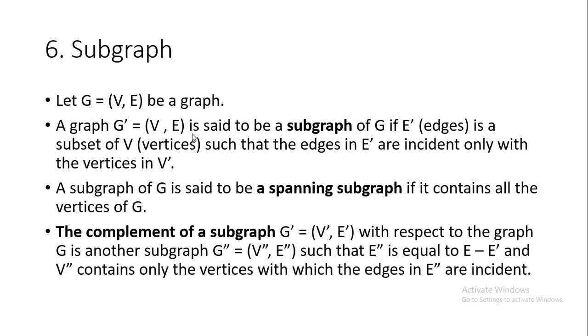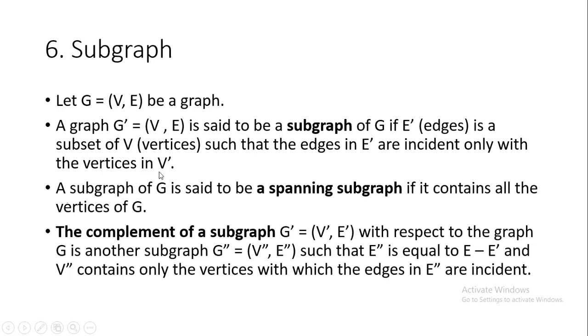Next, subgraph. What is the definition of a subgraph? Suppose there is a graph G equal to (V, E), where V stands for the vertices and E stands for the set of edges. Then a graph G dash equal to (V dash, E dash) is said to be a subgraph of G if E dash is a subset of E and V dash is a subset of V, such that the edges in E dash are incident only with the vertices in V dash.